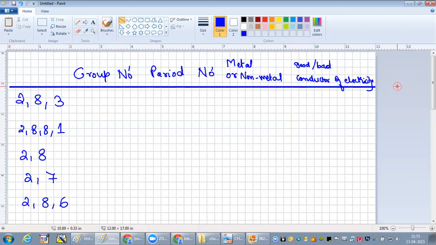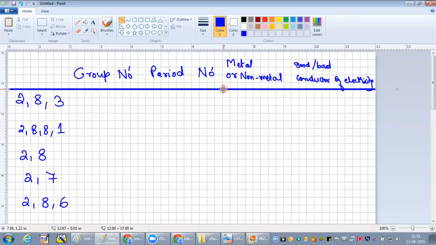We are going to fill up this chart, this table, for all of these elements.